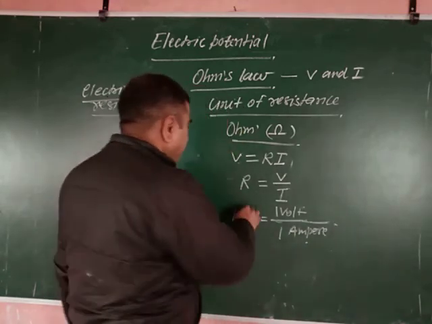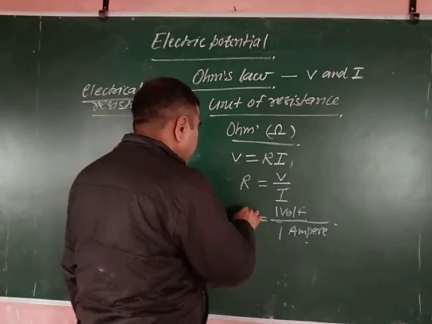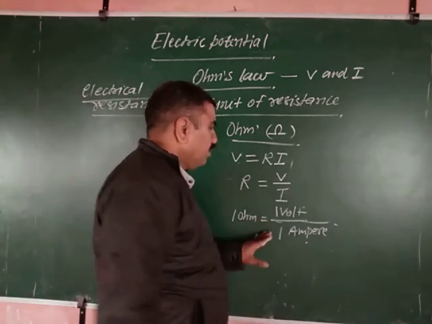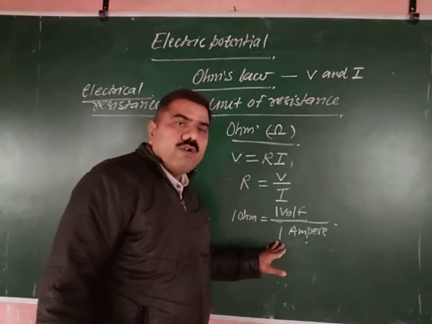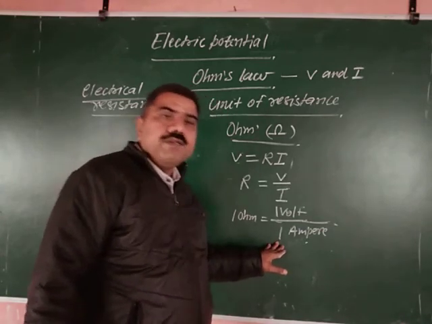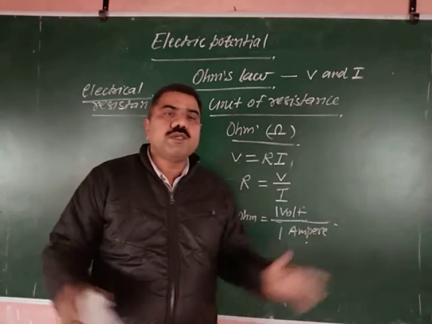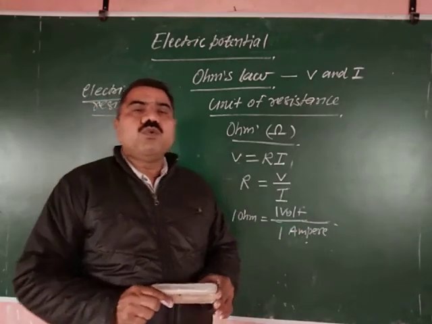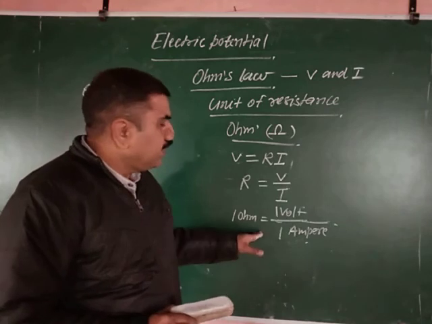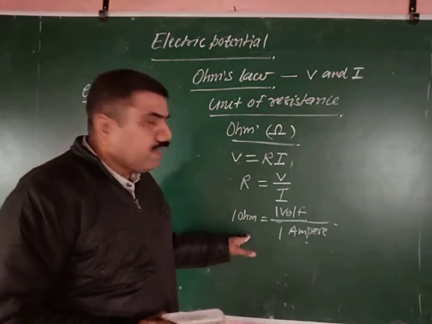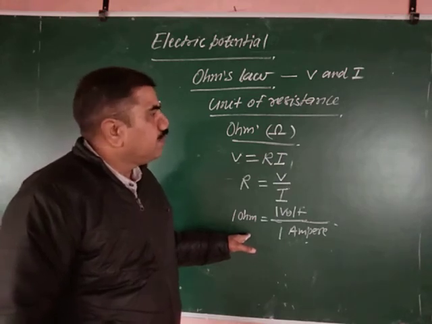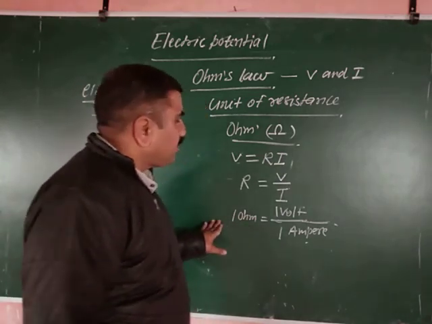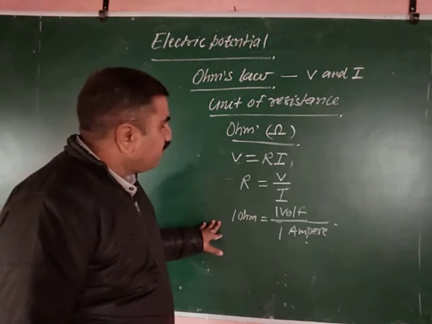That is, if 1 ampere is current flowing through the conductor and potential difference between 2 points of unit length is 1 volt, then the resistance of the conductor will be 1 ohm. By this expression we can define resistance.